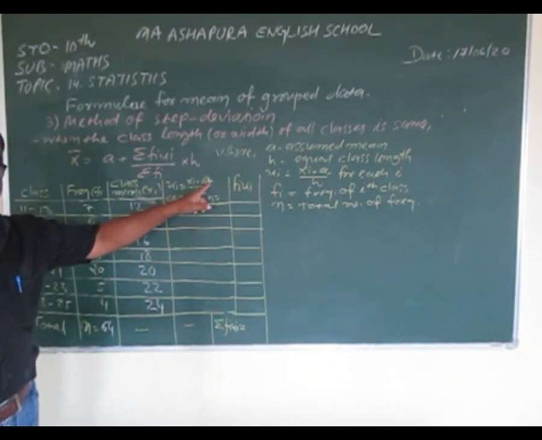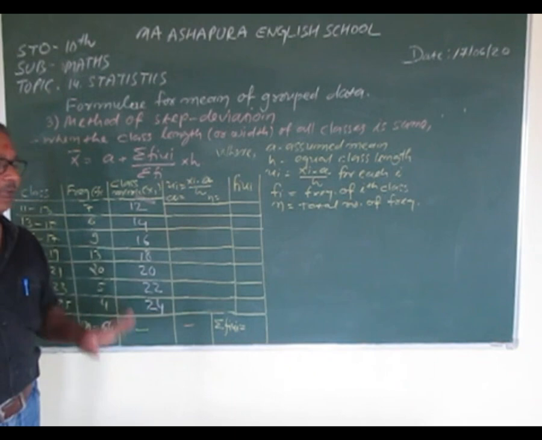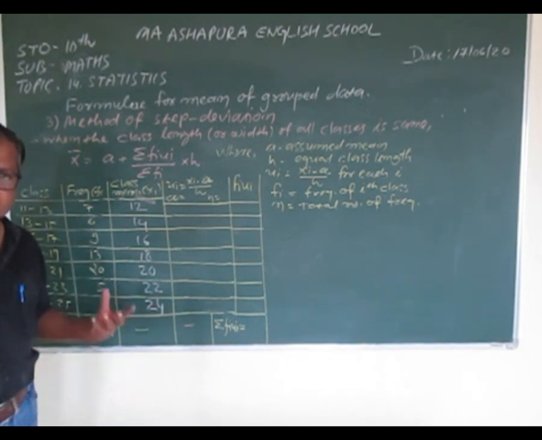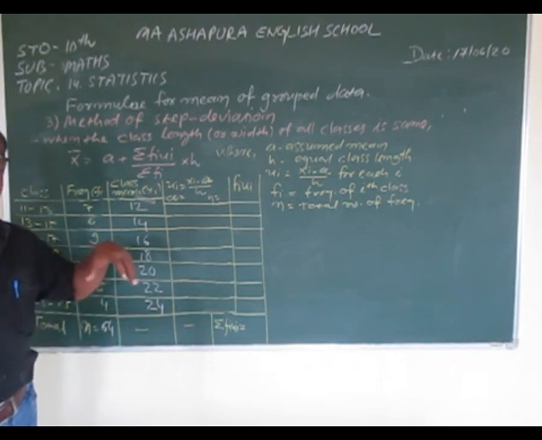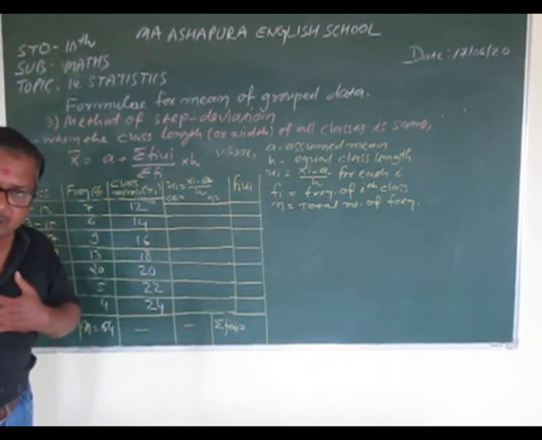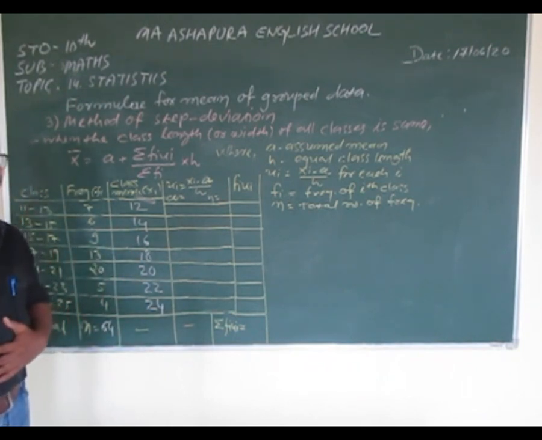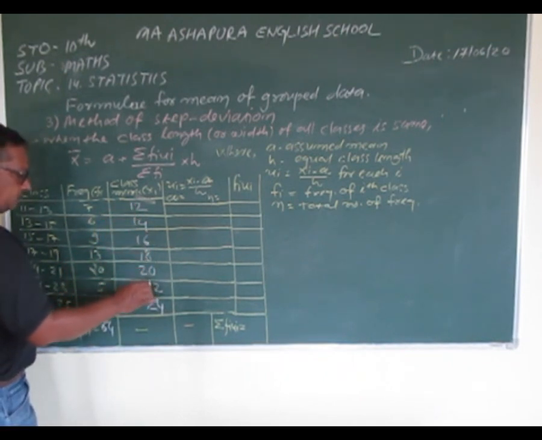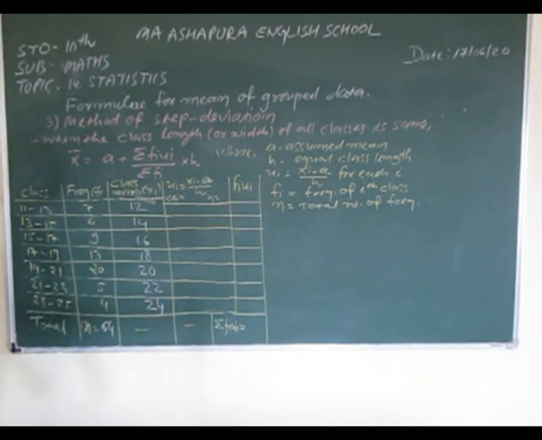Now a means the assumed mean. How to select the assumed mean? It depends on you. Here there are 1, 2, 3, 4, 5, 6 and 7 classes available, and the middle of the classes is 17 to 19.